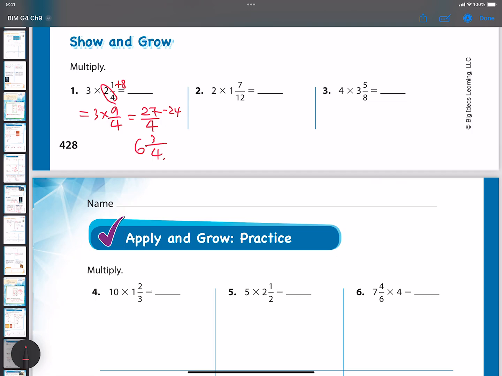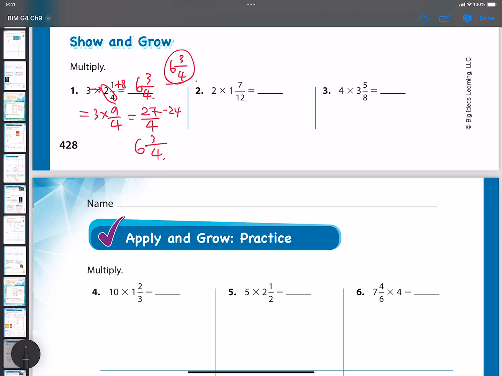This way you can do it, the same 6 and 3 over 4, you got it. Or I can do 3 times 2, which is 6, and then 3 times 1 over 4, 3 over 4. Shorter. Which one do you prefer? Go for any way that you feel comfortable, okay?